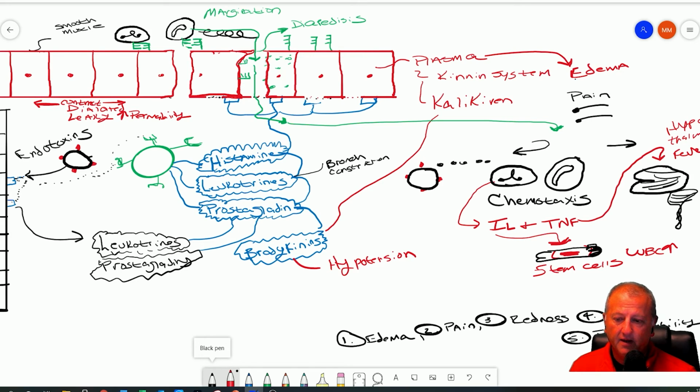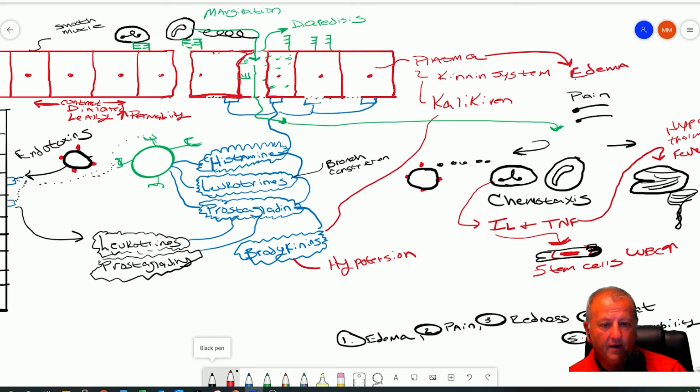The damaged skin cells produce more leukotrienes and more prostaglandins. Comes up here to the vascular area where we have our blood vessels, and mixes with the plasma. The kinin system's activated.